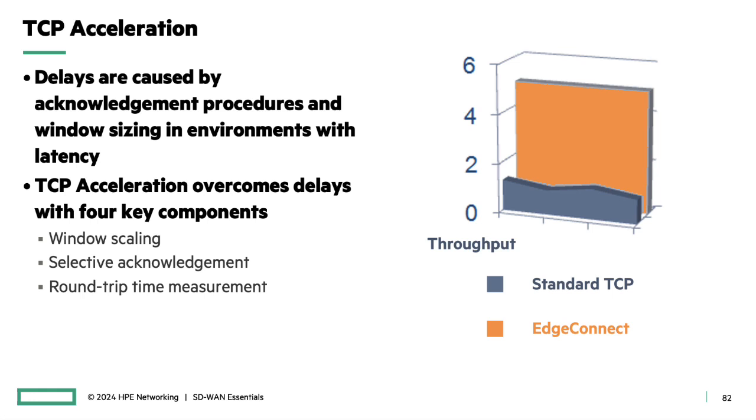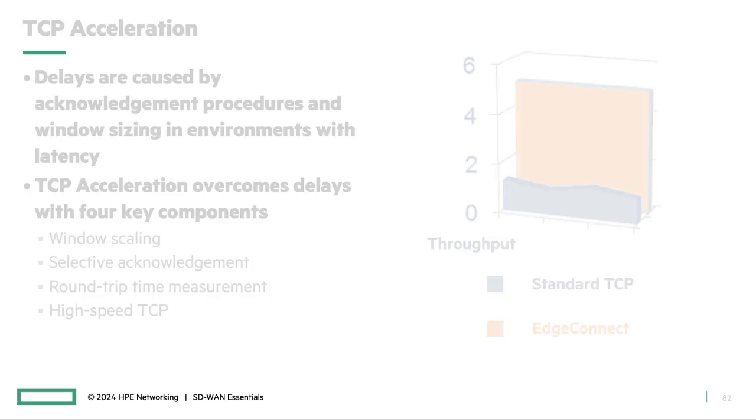Doing accurate round-trip time measurement to allow the EdgeConnect appliances to more precisely adjust the acknowledgement timers. And high-speed TCP, reducing wasted transmission bandwidth by allowing the appliances to continuously transmit at the available capacity of the device by accurately judging where loss occurs due to congestion, unlike devices with a standard TCP stack.